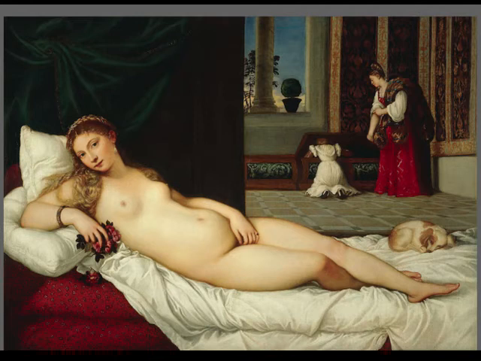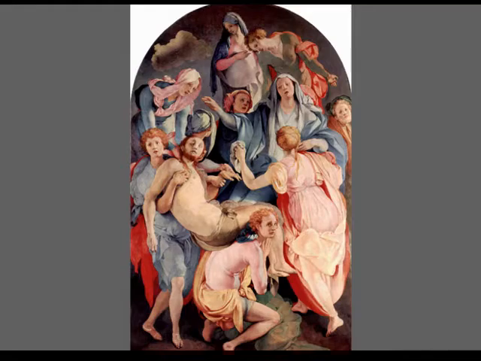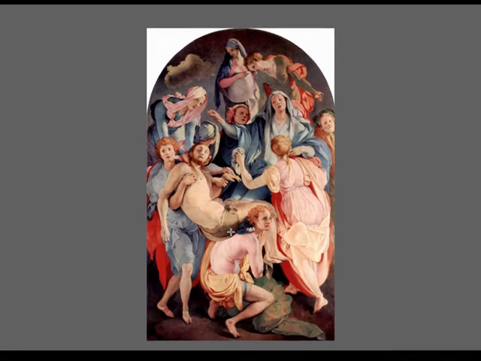Now let's look at once we get to the Mannerists, how they sort of change the game. This is Pontormo, and this is called the Deposition. We've seen a deposition before with the Van der Weyden Deposition.